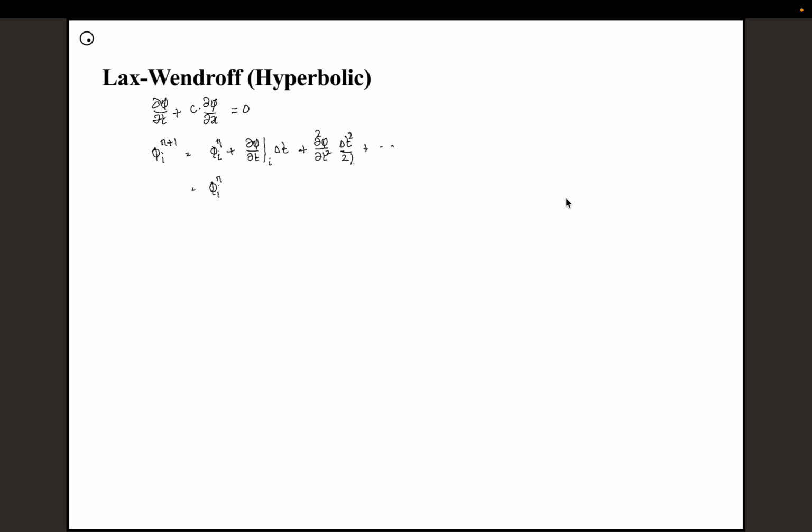This will be phi n plus, del phi del t can be written as minus c times del phi del x, and for del phi del x we have used the central space form, times delta t. Plus, from the same equation I have phi t is minus c times phi x.